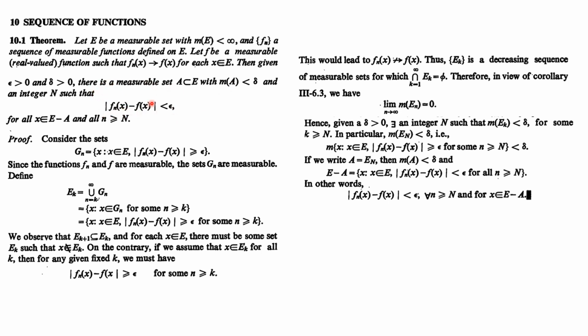That is, mod of fn(x) minus f(x) is less than epsilon for all x belonging to E minus A simultaneously. So this gives us a relation between pointwise convergence and uniform convergence. Here it is on E, here it is on E minus A. So on E minus A, the sequence is converging uniformly, which means we discard those points where it is not converging uniformly. We discard those points having very, very small measure.